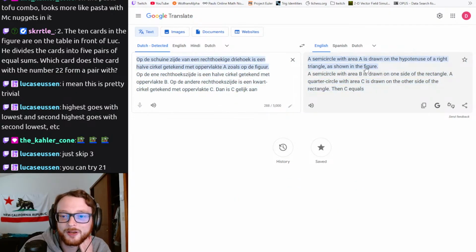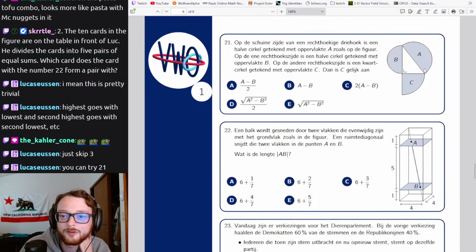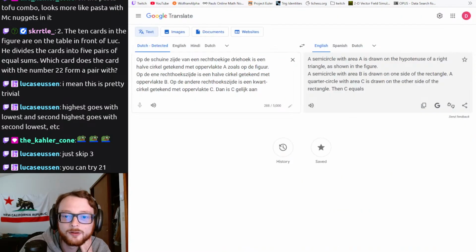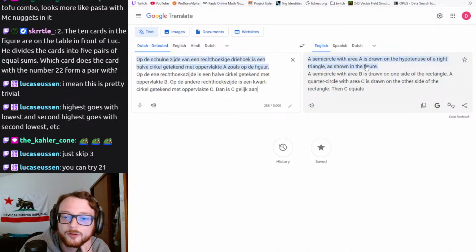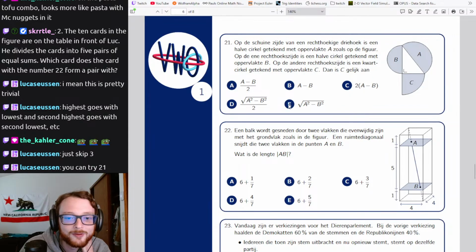A semicircle with area A is drawn on the hypotenuse of a right triangle. Okay. A semicircle with area B is drawn on one side of the rectangle. Sure. A quarter circle with area C is drawn on the other side of the rectangle. Then C equals... Oh, this is kind of a funny problem.